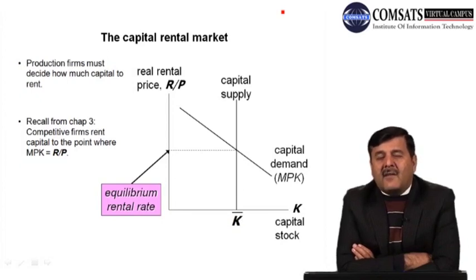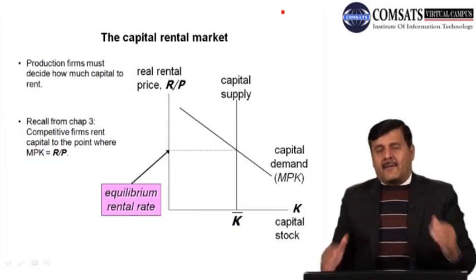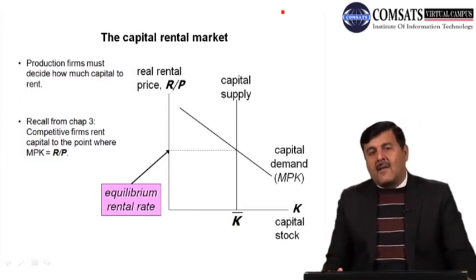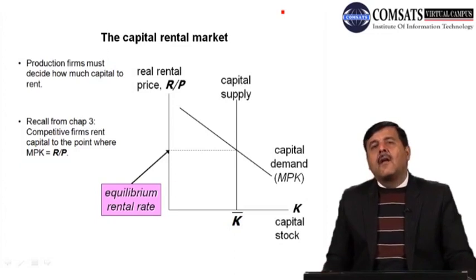As we know, the supply of capital is fixed, is given. Chapter 3 में अगर आपको याद होगा तो we assume that K bar is fixed, capital is given. So when capital supply is fixed, we have a vertical capital supply curve, and the demand curve for capital as usual is negative.